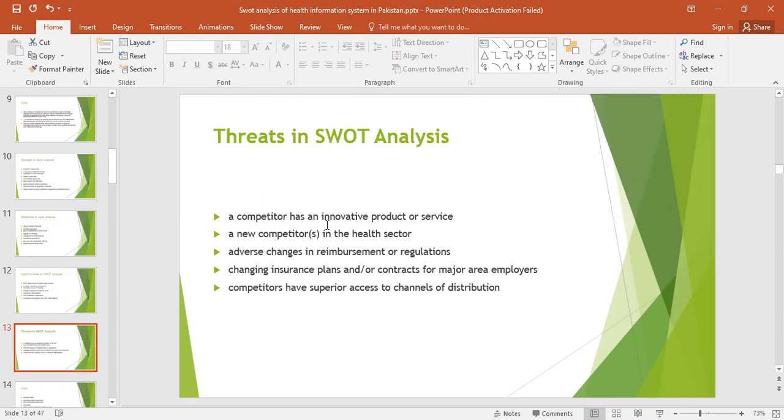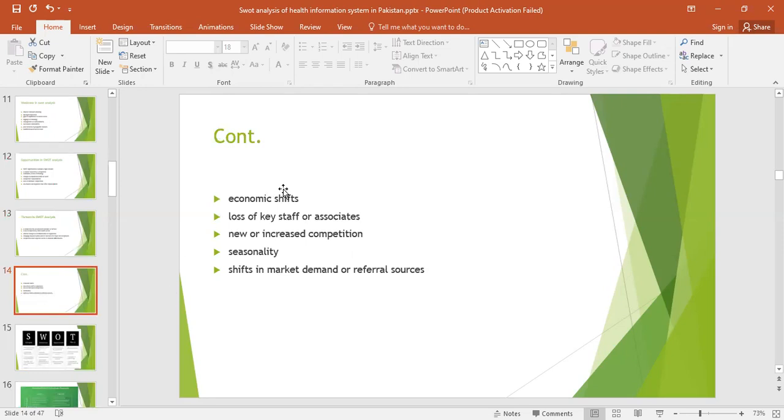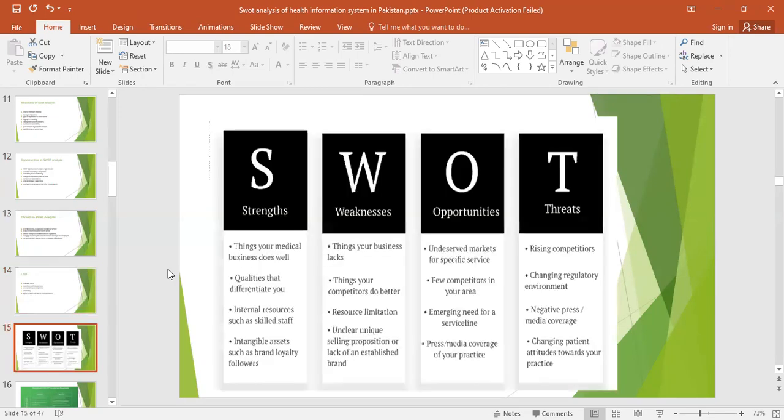A competitor has an innovative product or service, a new competitor in the health sector, adverse changes in reimbursement or regulation policies, changes in the insurance plan or contract for major area employers, competitors have superior access to channels of distribution, economic shift, loss of key staff or associates, new or increased competition, seasonality, and shift in market demand or referral sources. So basically, this is the SWOT analysis in the health system.